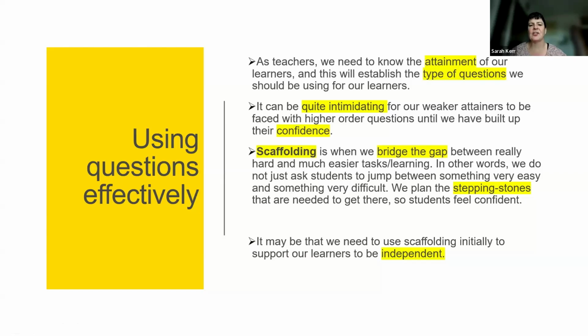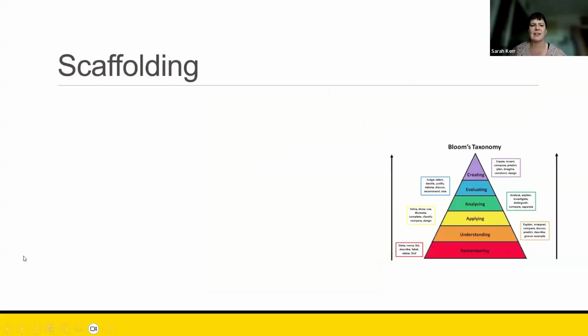Lovely. Thank you, Hamid. Yes, you're absolutely right. It's really important that we're prepared with that prior knowledge of the students that we have in front of us, if they have any additional needs, and how we are going to support our weaker attainers, such as with scaffolding, where we bridge the gap. We don't just give them a task that can be overwhelming and intimidating, but we use questions that will support them through a task.